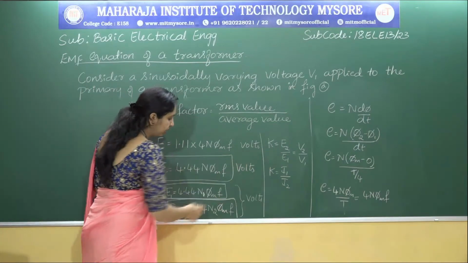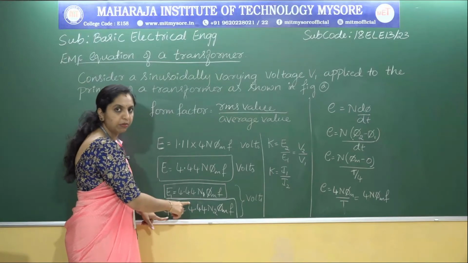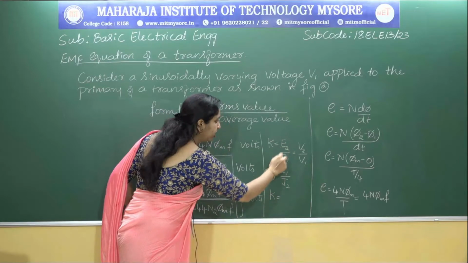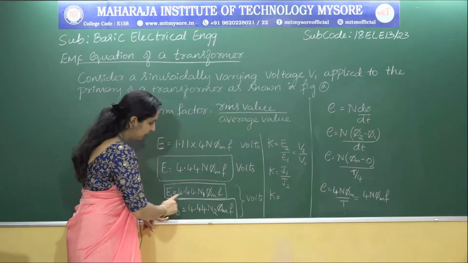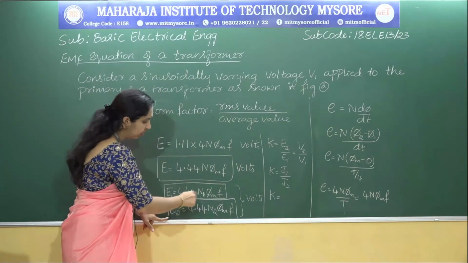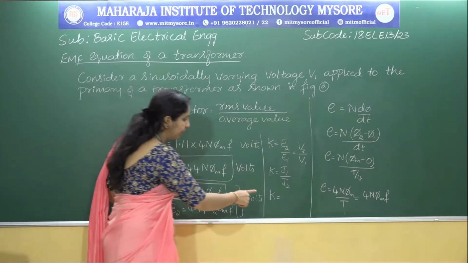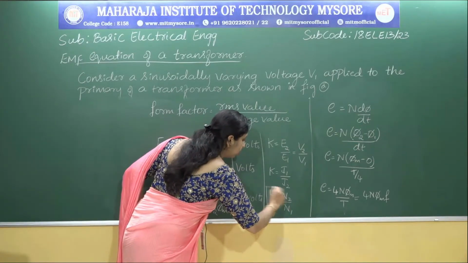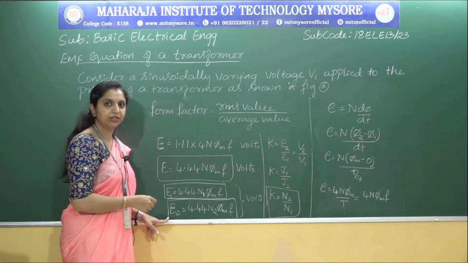What happens if we take the ratio of these two? Everything gets cancelled except the number of turns. Substituting E2 as 4.44 N2 phi m F and E1 as 4.44 N1 phi m F, except N1 and N2 the rest of the parameters cancel. So finally we obtain K as N2 by N1. In this way we can express the transformation ratio.